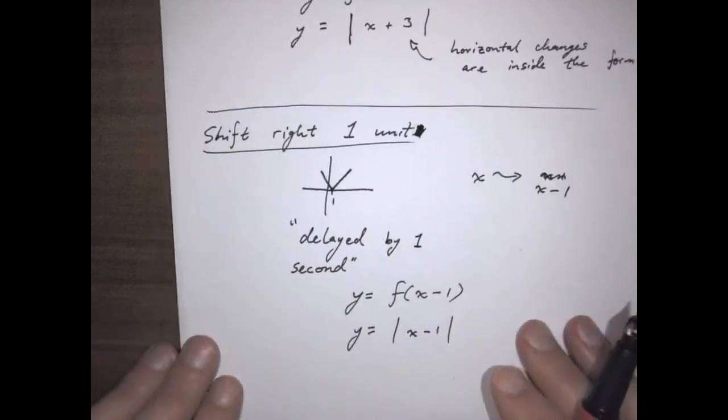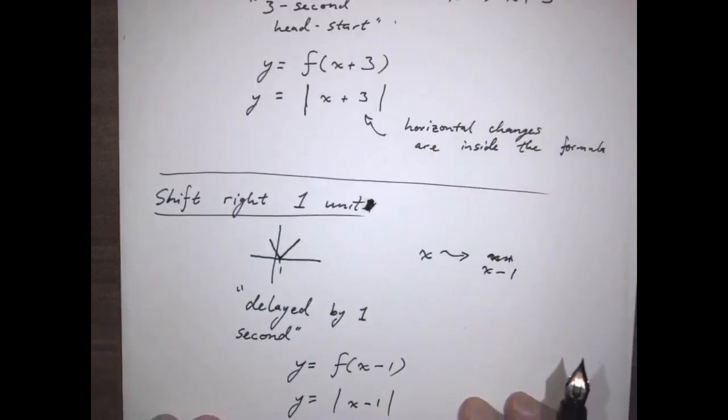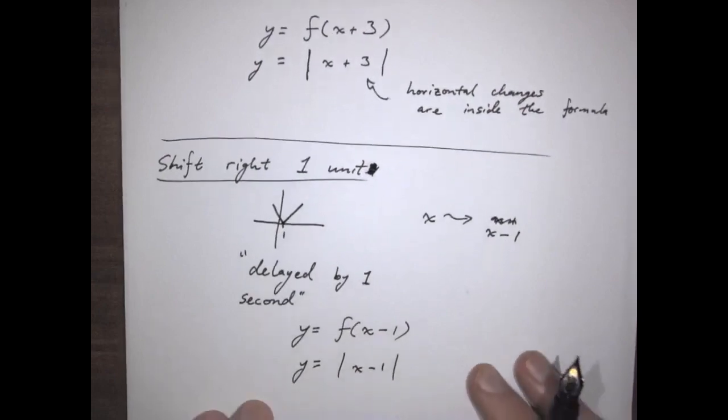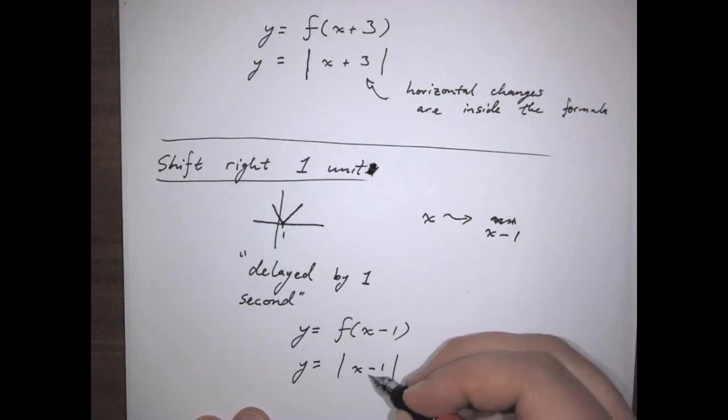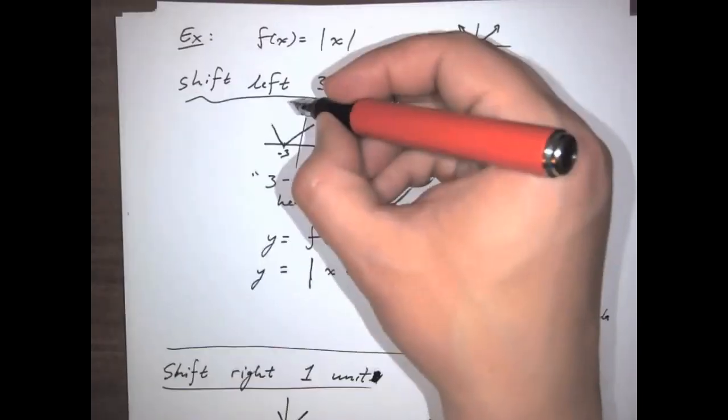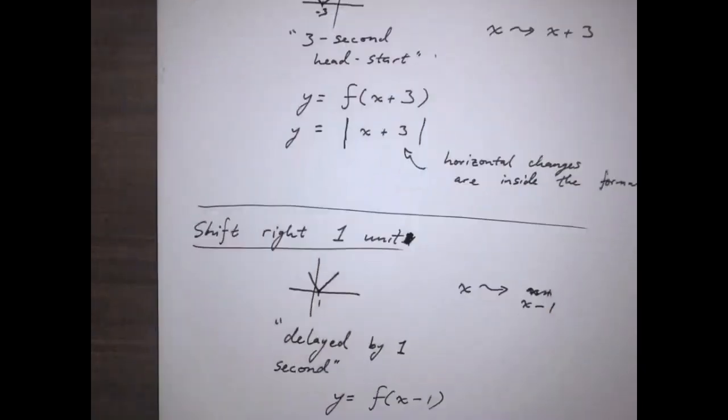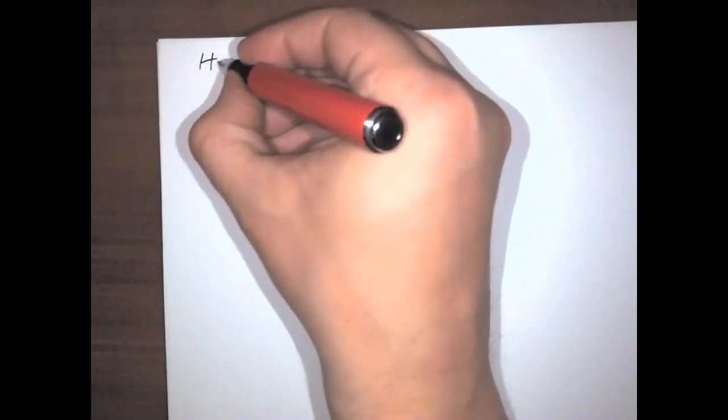But it's a tricky business with the horizontal shifts. They go the opposite of what you think. To go right, you subtract. To go left, you add. Tricky business, tricky business. And the trickiness continues for stretches and compressions as well. So the stretches and compressions are just as tricky.